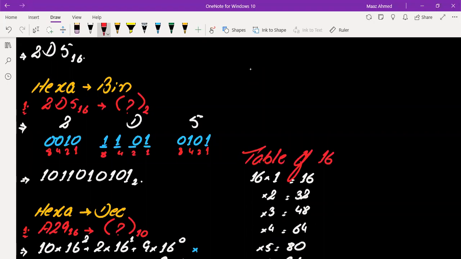So for 2, the representation on 4 bits is 0010. You can see that from the conversion table as well. And if you do not want to see it from there, you can see that it's a 0 over here, 2 is on, 4 will be off, and 8 will be off. So in this way, that makes up a 2. Is it clear how I made up a 2, Tuba?